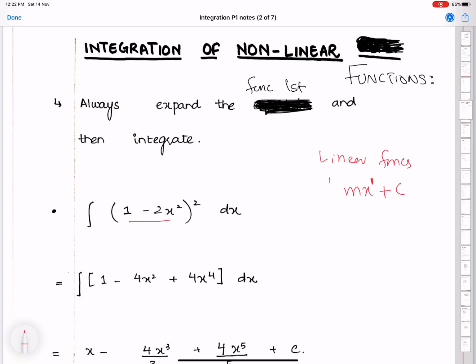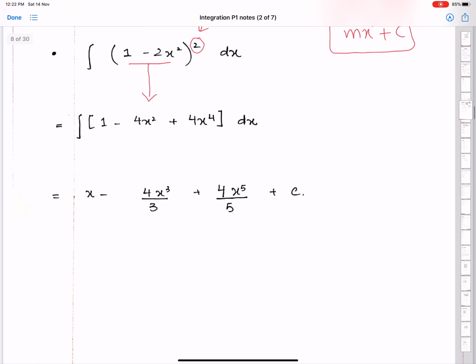I mean, a function of this type, mx plus c, is known as the linear function, and functions other than this type are known as non-linear functions. So for non-linear functions, since this has power 2, they will always give you power 2. So always expand the function first, simplify it, and then integrate it.